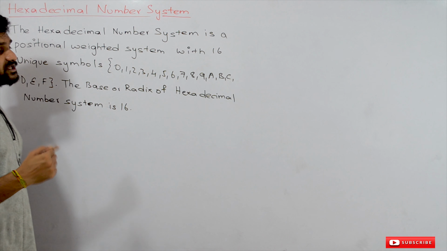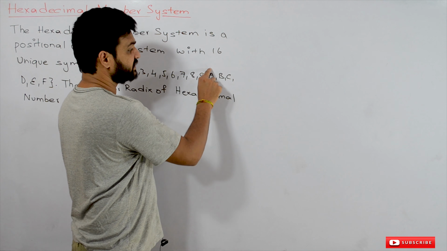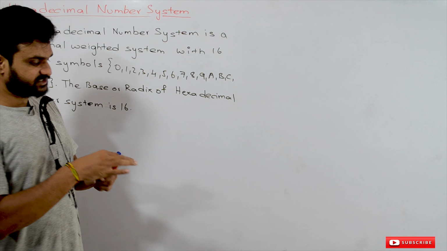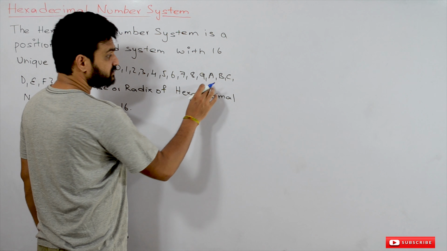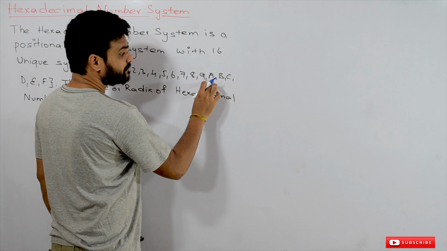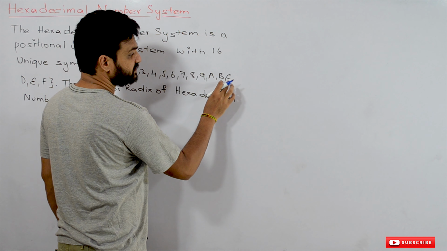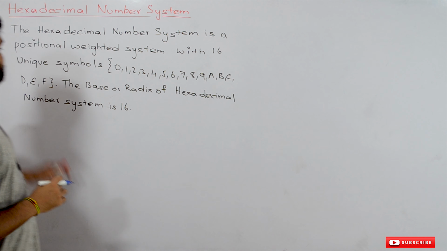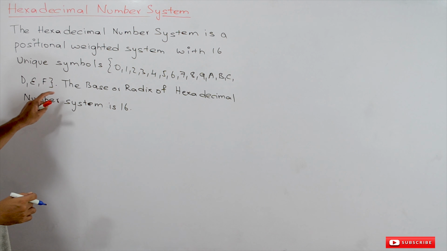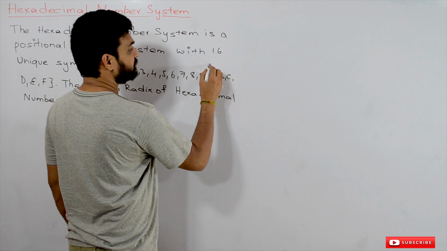In order to bring uniqueness, why can't they use 10 for A? 10 is represented by A, 11 is represented by B, 12 is represented by C, and then 13, 14 and 15. Why can't we use 10 in the place of A?